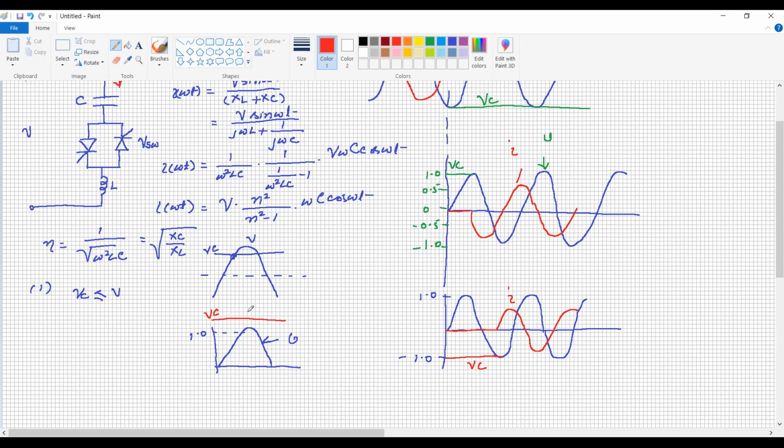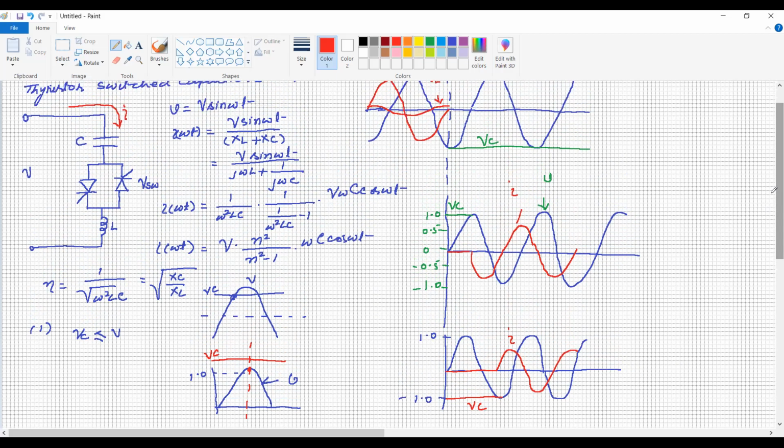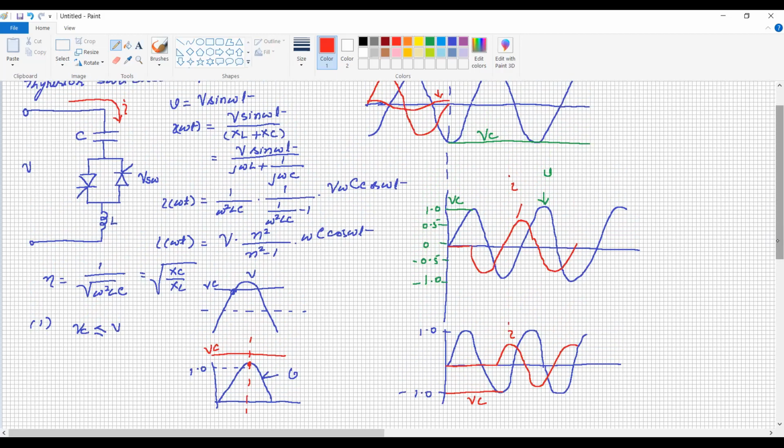So when it is crossing the maximum value of the voltage, that is this point, if you switch on the capacitor by providing the trigger pulse to the SCR or valves, then again it will give transient free switching. So these are the conditions to obtain transient free switching of the capacitor.